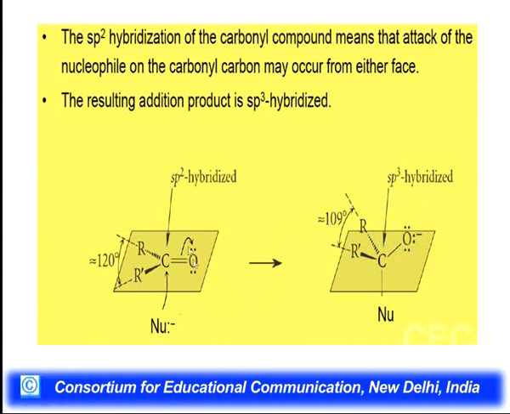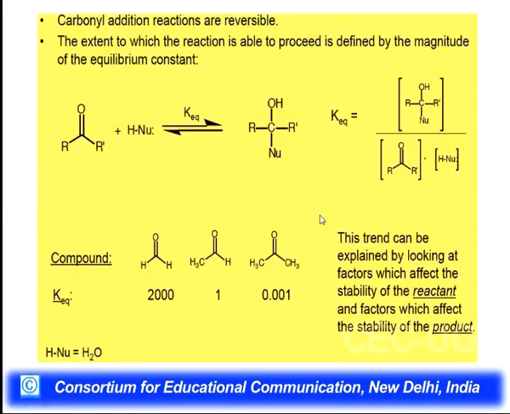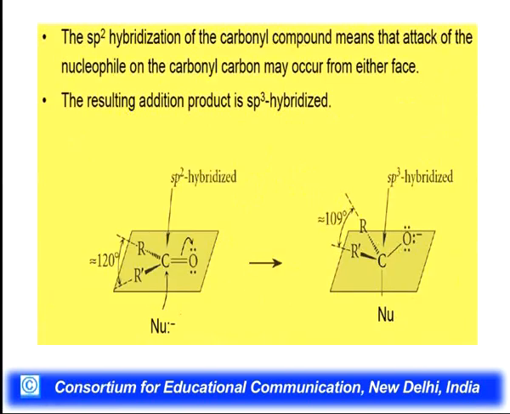So we are starting with a compound which is sp2 hybridized, resulting in a product which is sp3 hybridized. Now the question arises: if we are going from an sp2 hybridized reactant to an sp3 hybridized product, what will be the rate of the reaction?